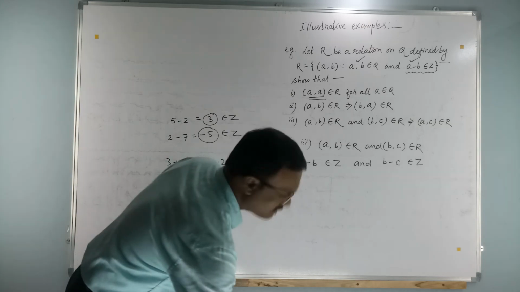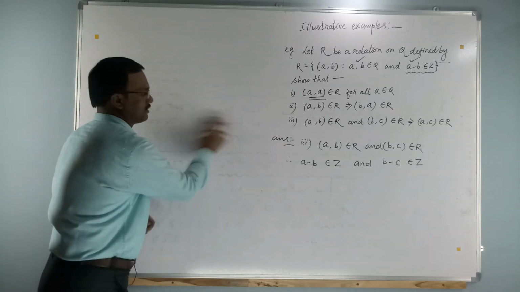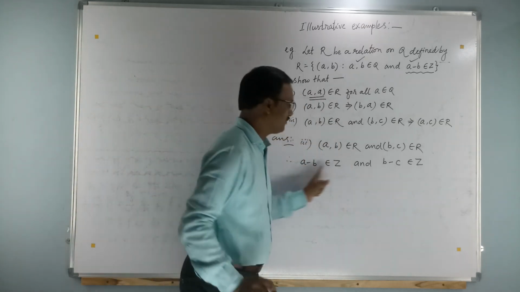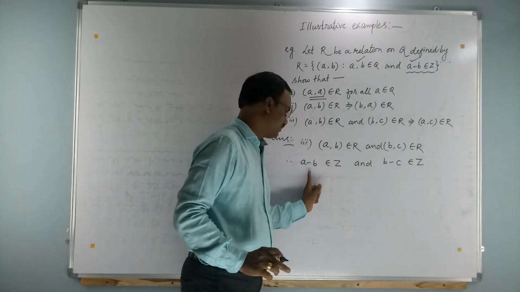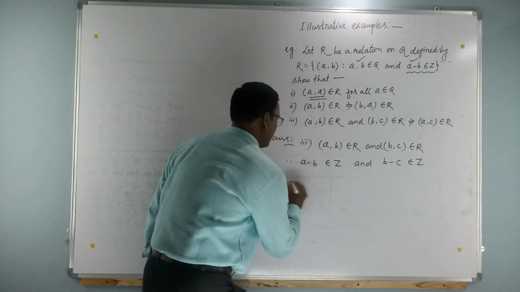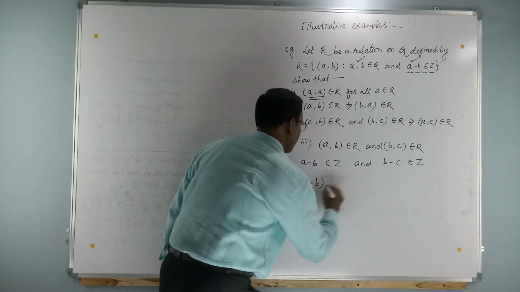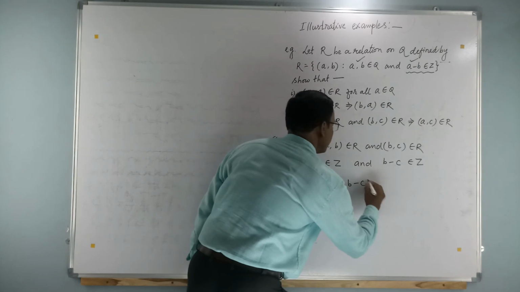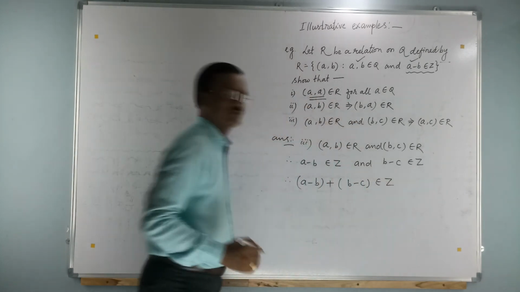So according to this claim, this is an integer, this is an integer, so their addition is also going to be an integer. So therefore A minus B plus B minus C is also an integer.